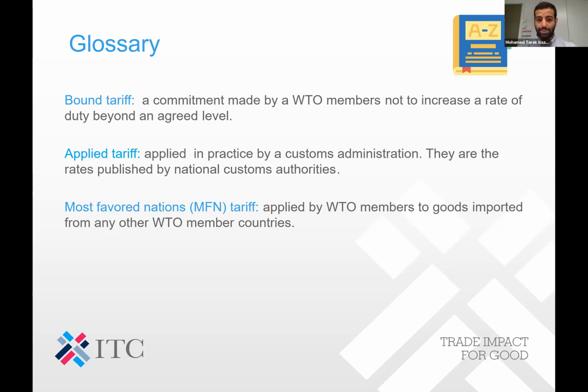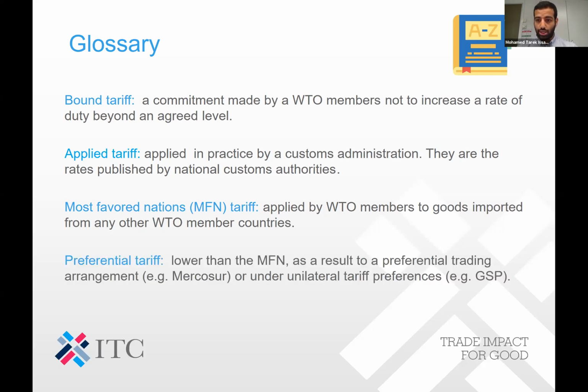However, there are exceptions, and that's why I was talking about the European Union or about any other regional trade agreement. So we have the Mercosur in Latin America, we have EAC in Africa, we have SAARC in Asia. So in that case, if I have a trade agreement with one of my partners, I can offer a lower tariff rate. And if I offer a lower tariff rate, it's acceptable by the WTO regulations.